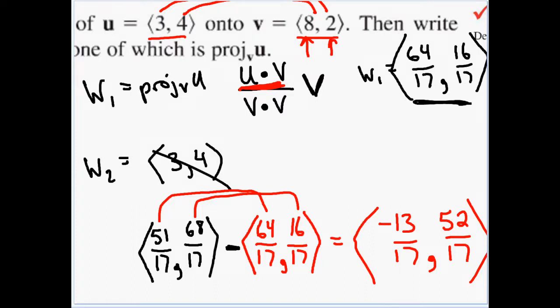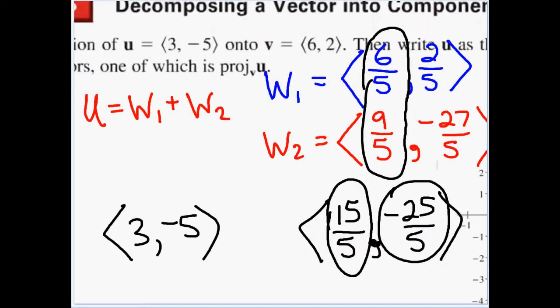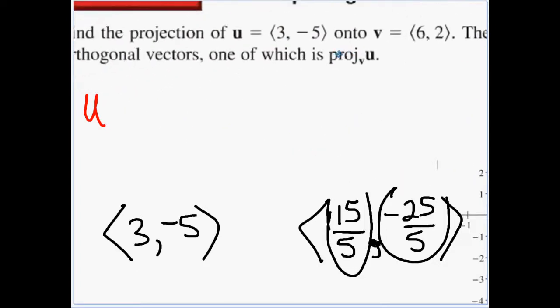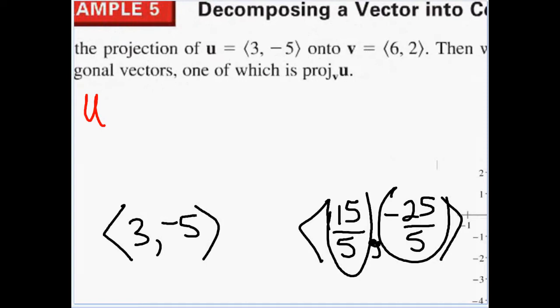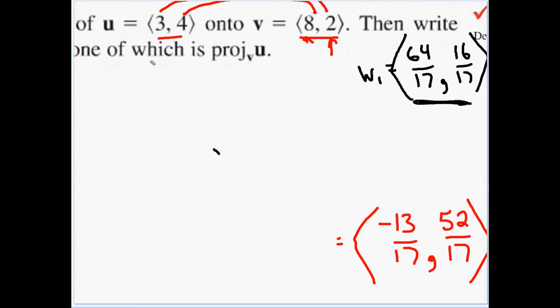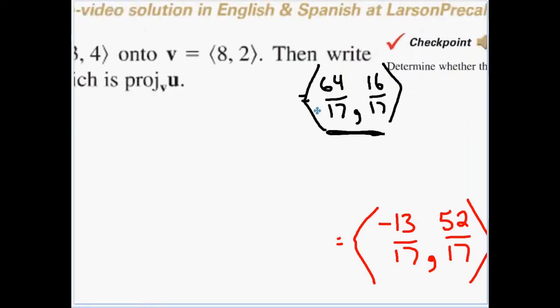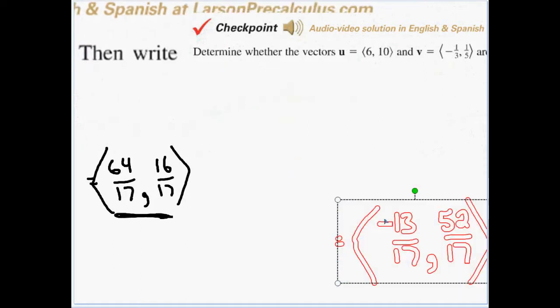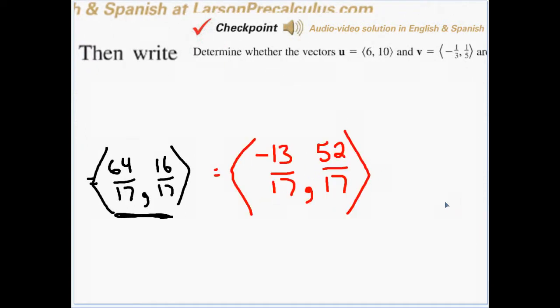Now I'm trying to see, when we did this problem, they wanted us to show that it worked, right, u as a sum. Actually, let's just do it even if they didn't ask us to. So now if we add these two vectors, we should get back to where we started. So I'll put a plus sign in between them.